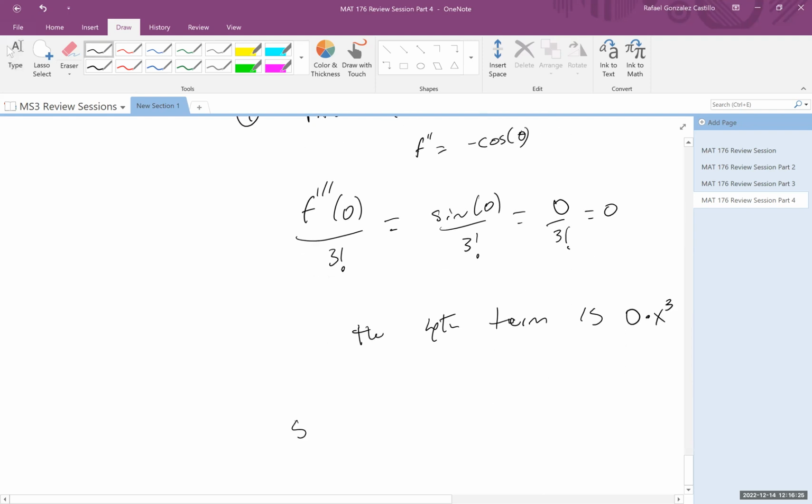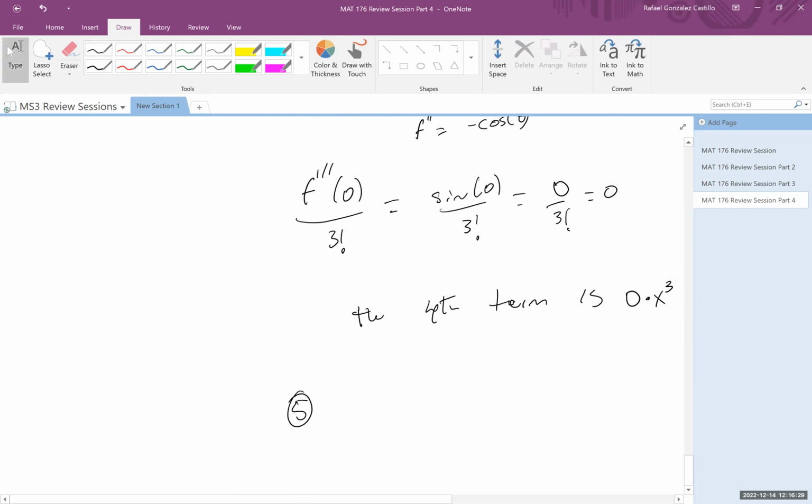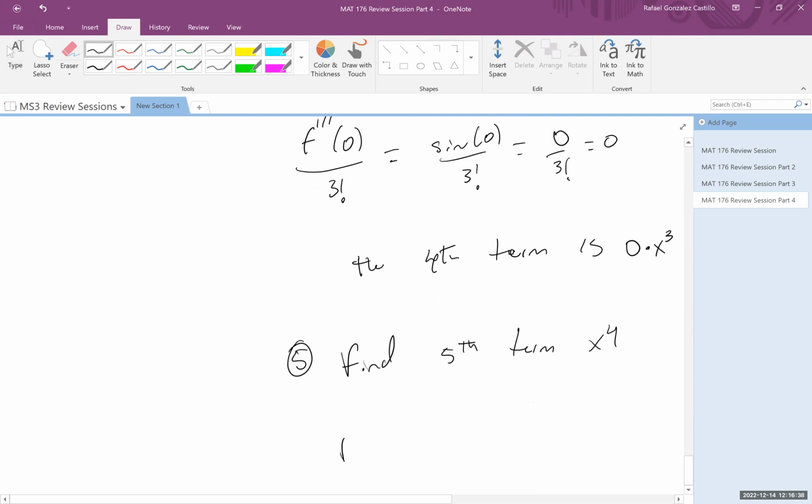Finally, the fifth term, which corresponds to x to the 4, is going to be found by doing the fourth derivative, evaluating that at 0, and dividing by 4 factorial. Again, our third derivative was sine of x.